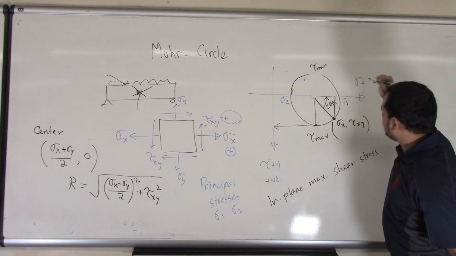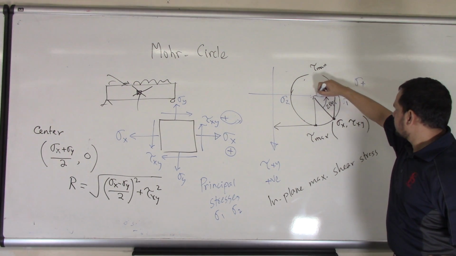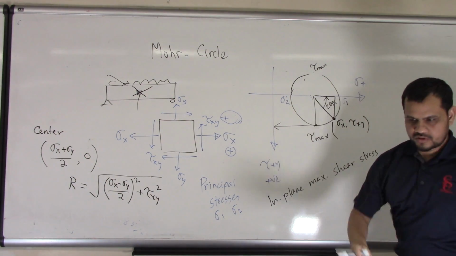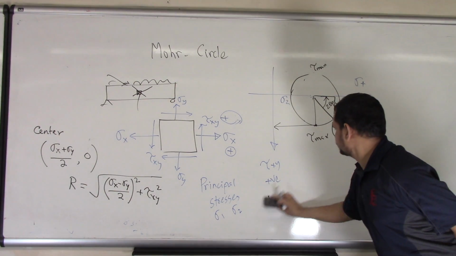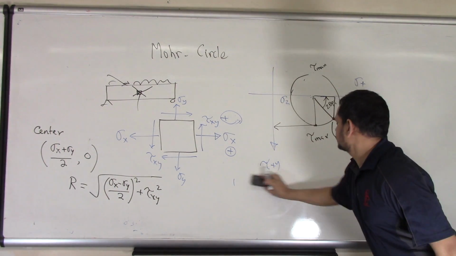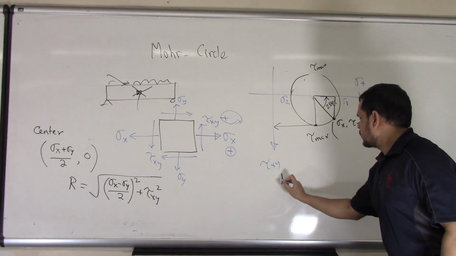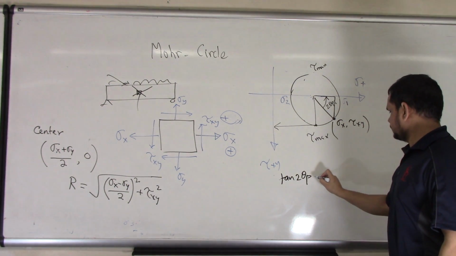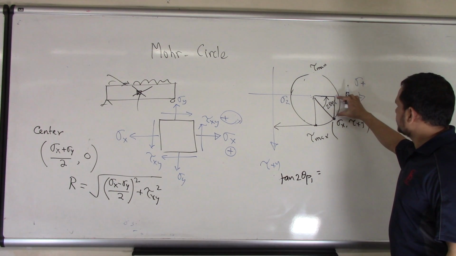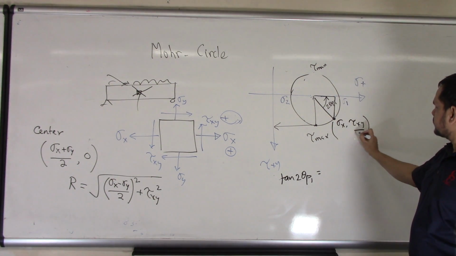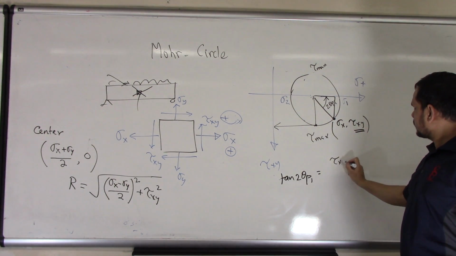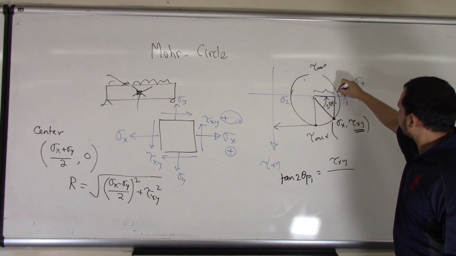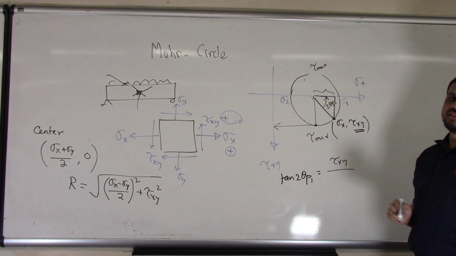So make a circle, then you can see you can write tan twice theta P1 equals this value over this value. The shear stress divided by this value. Now, what is this value?